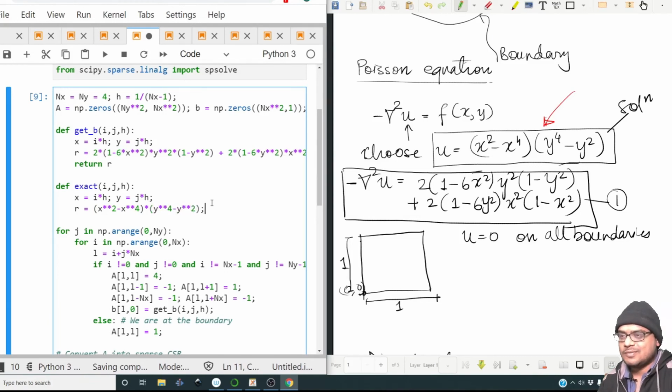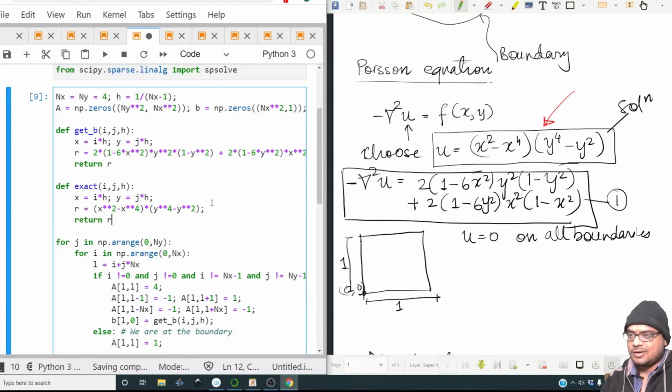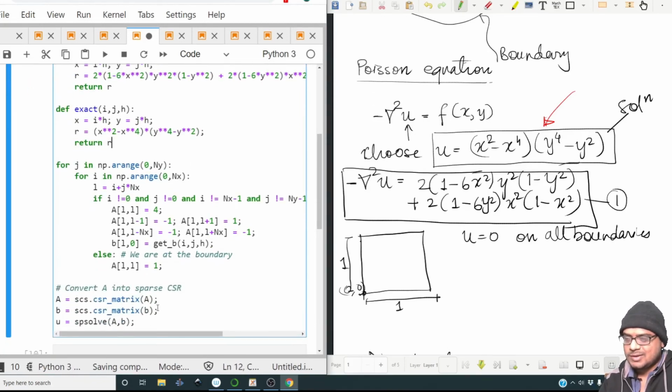Alright, we must return r, and the reason why I'm returning it is, I mean, what I can do is, there are multiple ways of doing it anyway. So let me first reshape.